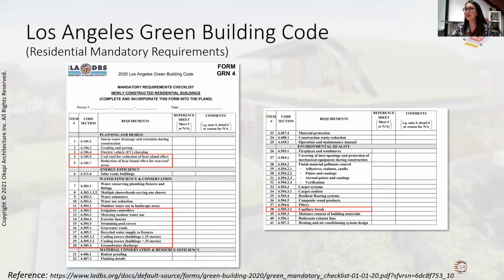I think Santa Monica has similar issues, and so do many cities in Northern California that created their own, but it follows exactly the same way. If you look at the code sections, that column is basically exactly the same section column as CALGreen. So it really gives you a good roadmap to follow for your projects.